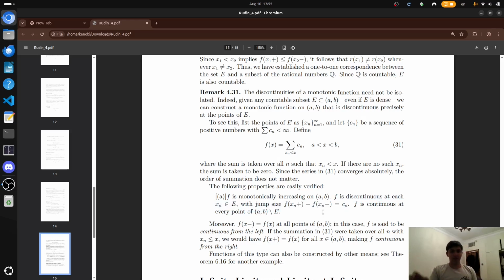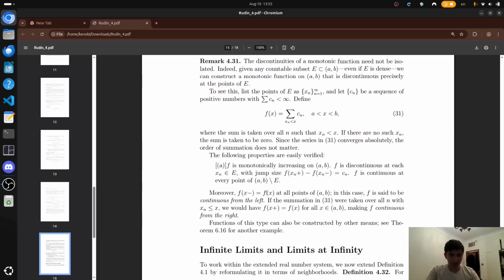Yeah, because you're suddenly jumping without any notice. After crossing this border, you're jumping values. So when you're approaching from right and left, it's going to be different, and it's going to give you c_n, because that's what you're adding. That's the jump. f is continuous at every point of (a, b) other than those in E.